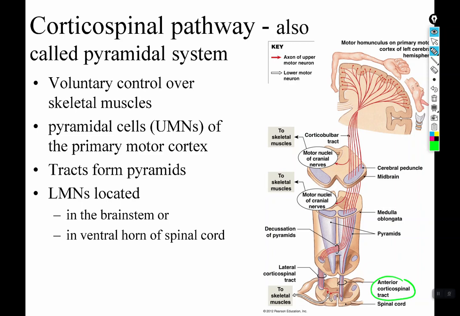That is going to go straight down, pass through, not decussate in the pyramids, but instead in the anterior white commissure. And then the lateral corticospinal tract decussates in the medulla via the pyramids. So there's a different decussation location depending on whether it's the anterior or medial or lateral corticospinal tract.